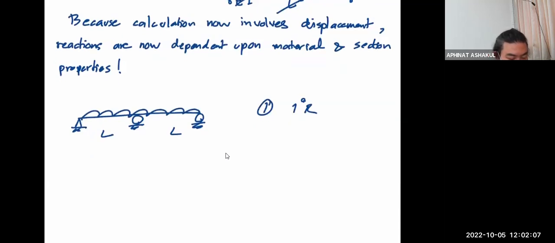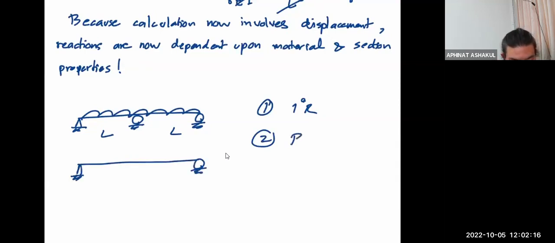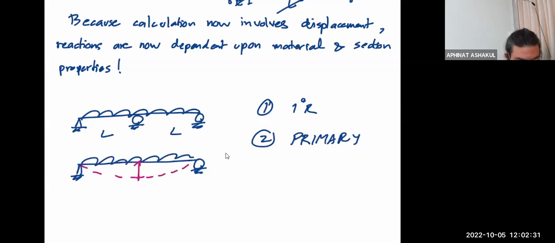Okay. And now step number 2 is to create the primary structure. And now you have displacement. Okay.